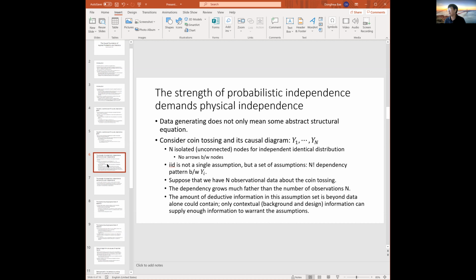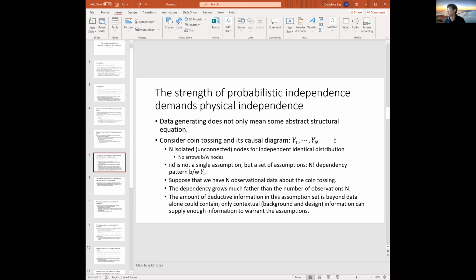Consider a coin tossing and think about its causal diagram, Y1 to Yn. It means that we toss a coin n times, and there is a node for each coin toss. You can think about n isolated or unconnected nodes for independent identical distribution.